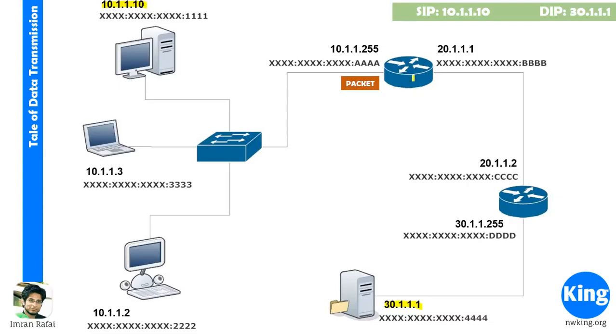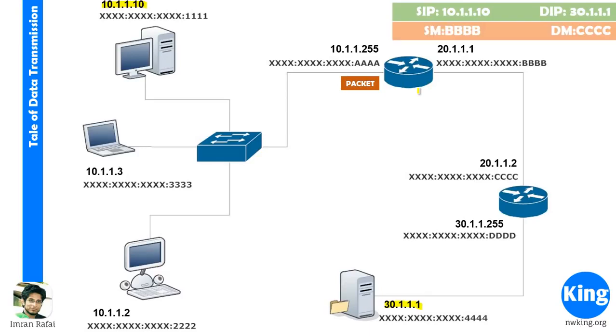Using that information, this router would have updated its routing table, right? Don't worry too much if you don't understand the routing concepts, because we will be dealing in depth with routing and routing protocols in the next subsequent videos. But for now, just know that this router knows that the route to 30.1.1.0 is through the other router, so it needs to send that packet to that router.